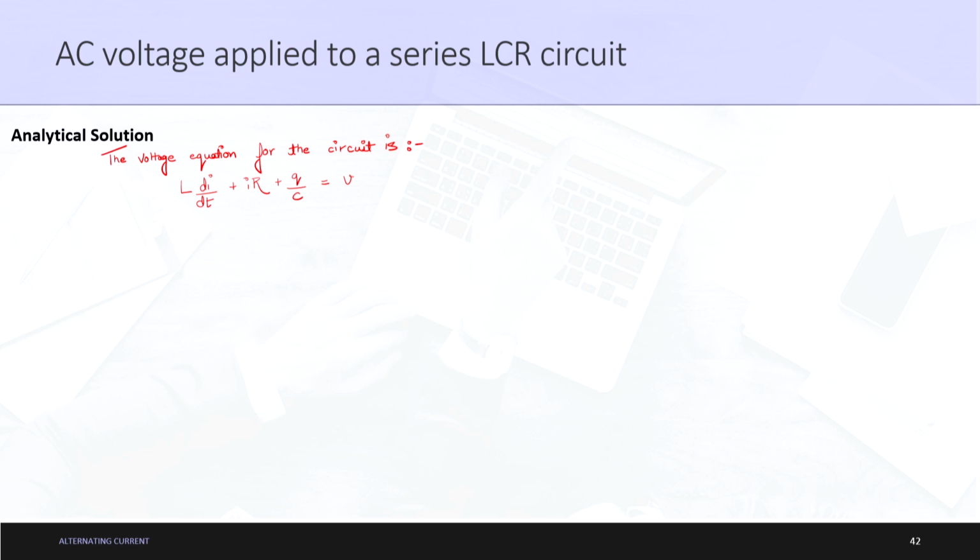One is IR due to the resistor, then Q by C due to the capacitor, and L di by dt due to the inductor. So, this is equal to Vm sin omega t, correct.